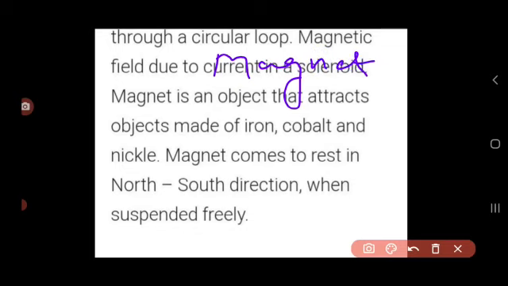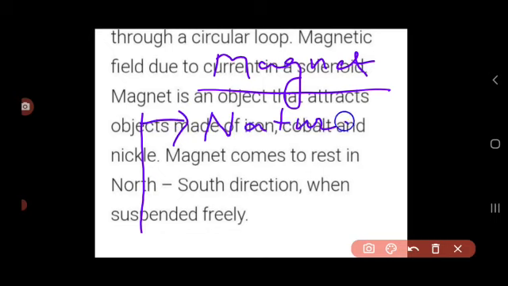First, natural magnet. Natural magnet is the naturally occurring magnet.